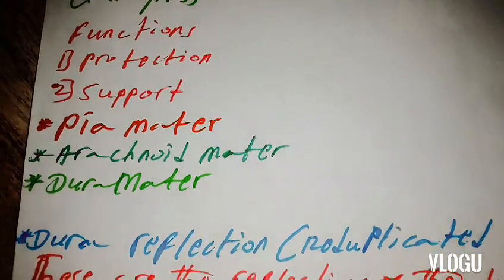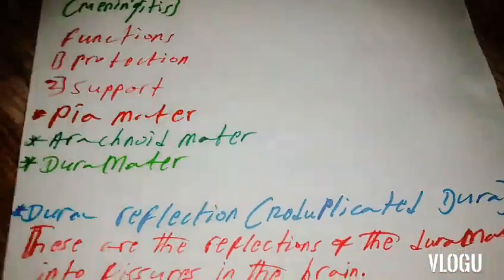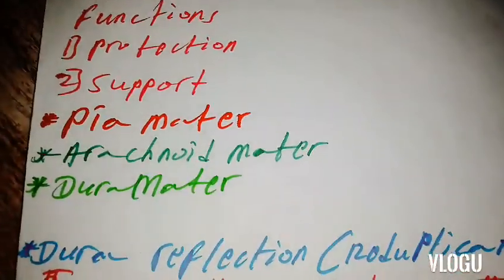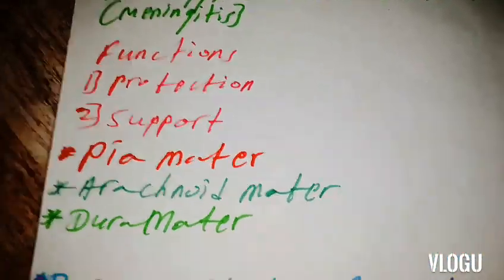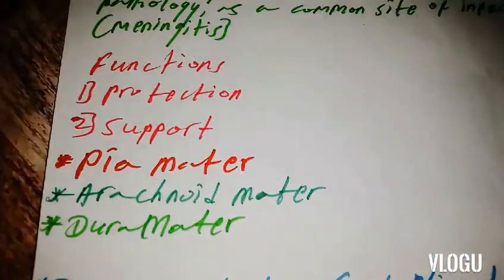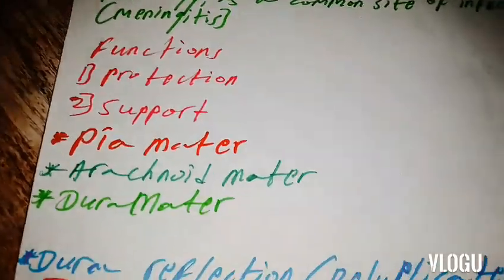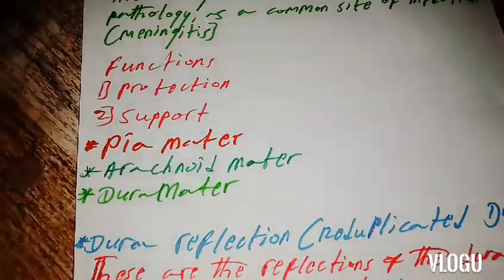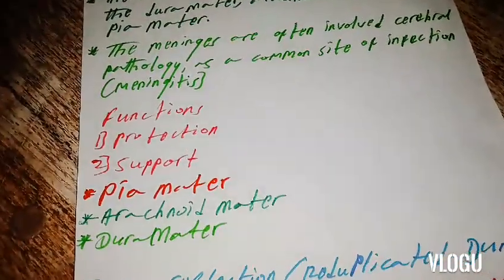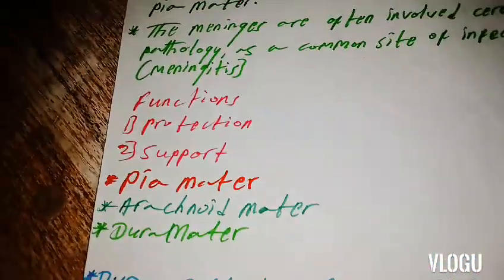Now, the pia matter. The pia matter is the most inferior of the meninges. It is the innermost layer of the meninges. It is very soft. In fact, the word pia is the Latin word for soft, and mater means mother.